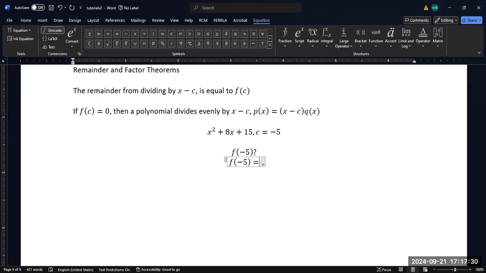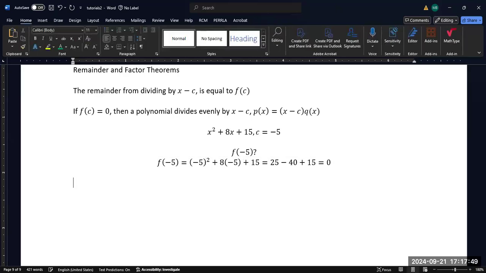So we've got negative 5 squared plus 8 times negative 5 plus 15. Negative 5 squared is 25. 8 times negative 5 is negative 40, plus 15. This is equal to 0. So this is telling me that this is a 0 of the function, according to the factor theorem.